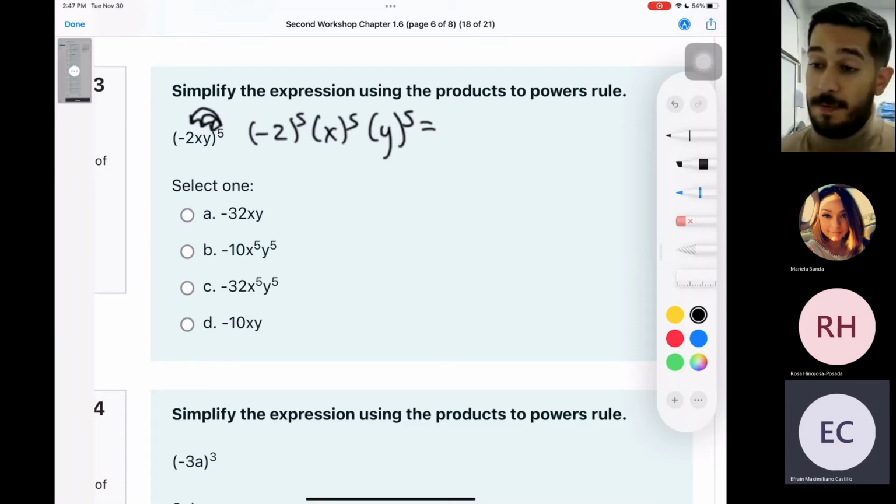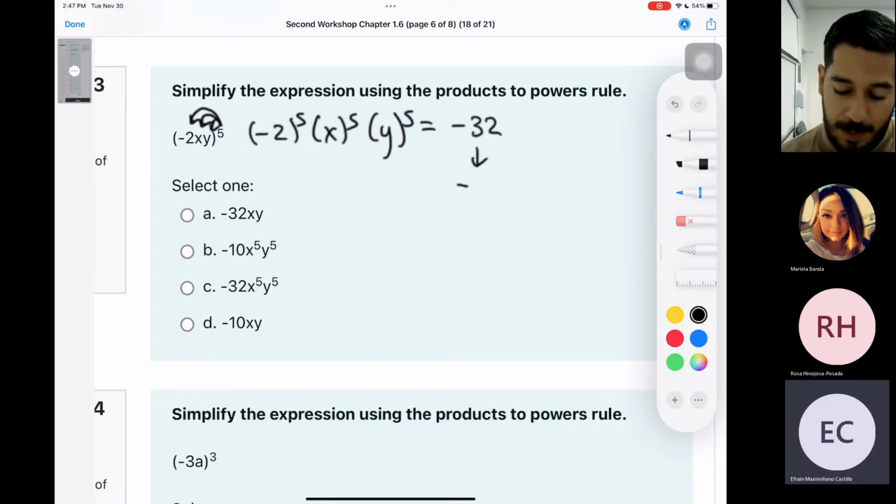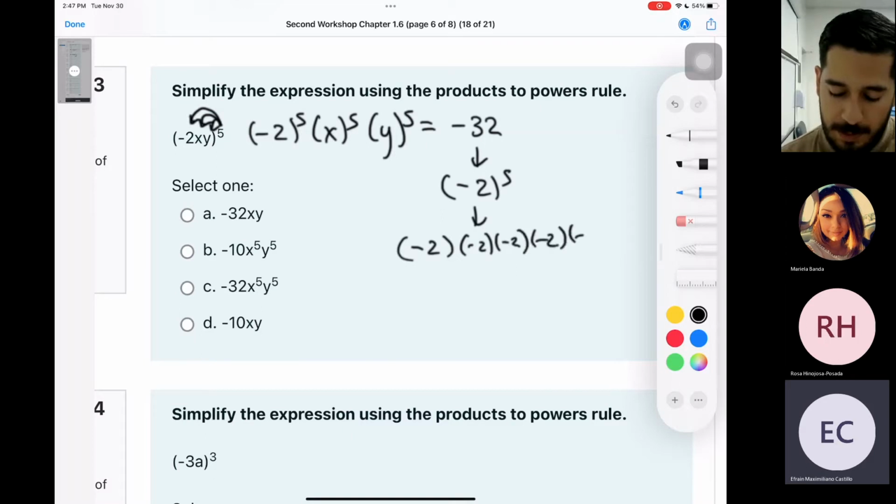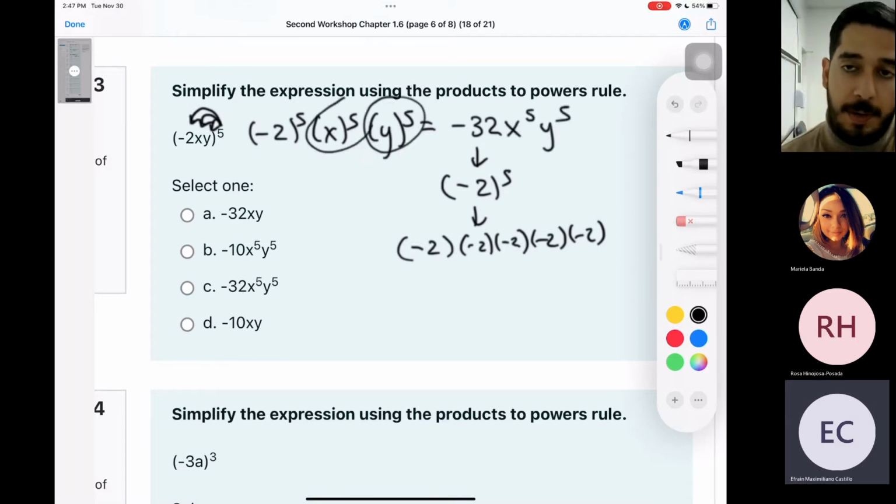If -2 to the power of 4 is +16, +16 times -2, an extra multiplication, is negative 32. Okay, this comes from negative 2 to the power of 5, which comes from negative 2, negative 2, negative 2, negative 2, negative 2. Okay, so negative 32, x to the power of 5, y to the power of 5. This guy's over here. Okay.